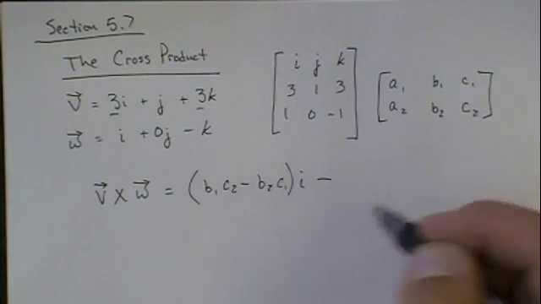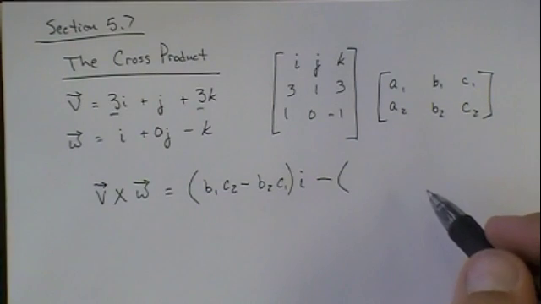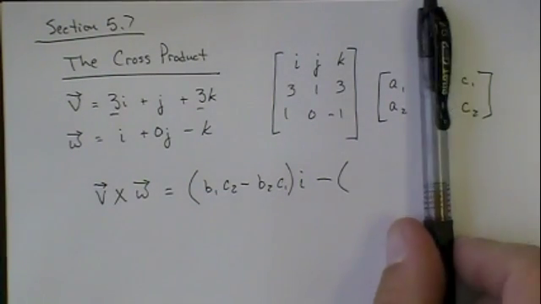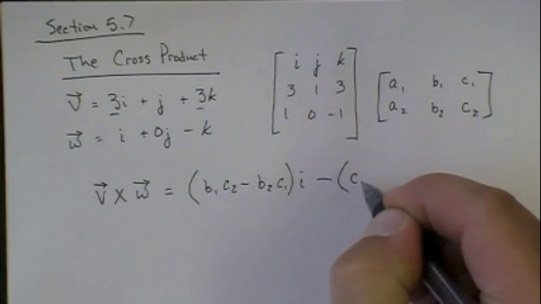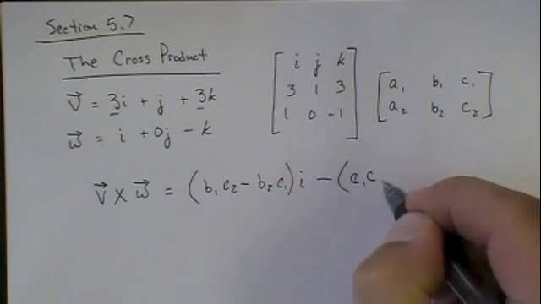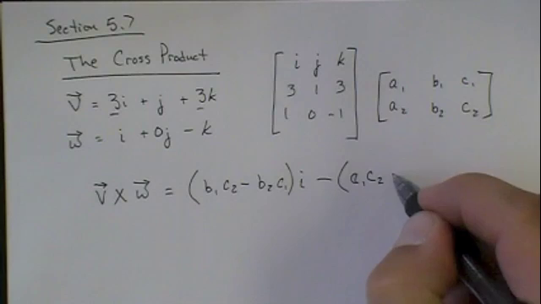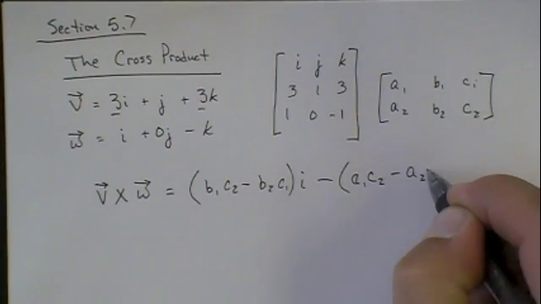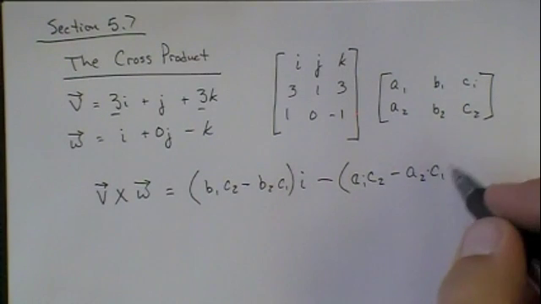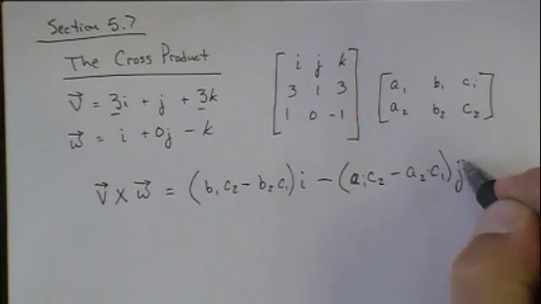Then we say minus, and now for the j component, forget about those B values, and now we're going to take A1 times C2 minus A2 times C1. All right, and that gives us our j component.